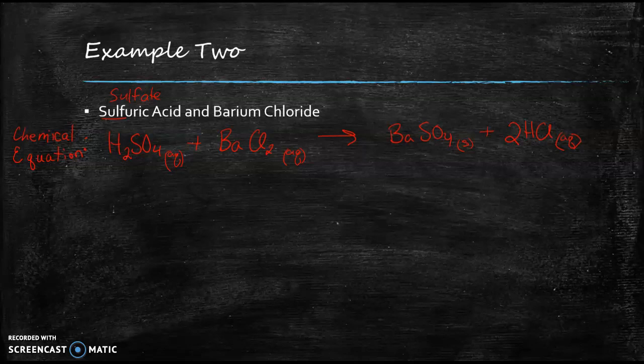If you had trouble setting up that chemical equation, no worries. Pause the video and write out your complete ionic equation. Alright, so our sulfuric acid is going to dissociate, giving us hydrogen with that positive charge, soluble. We have 2 hydrogens for our subscript here. That's going to come out and be our coefficient.